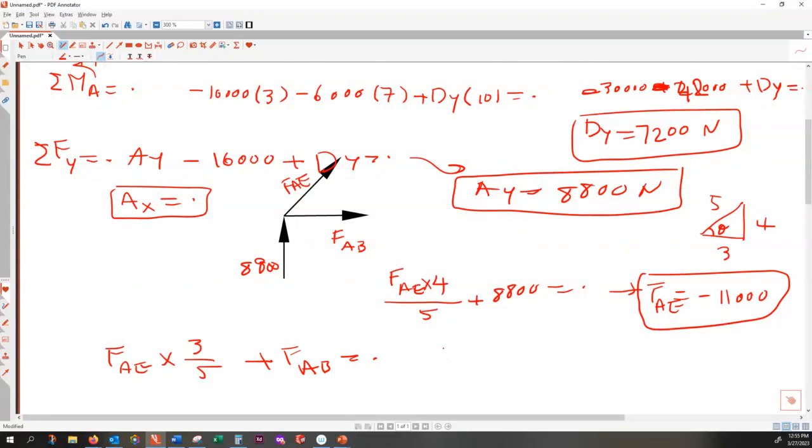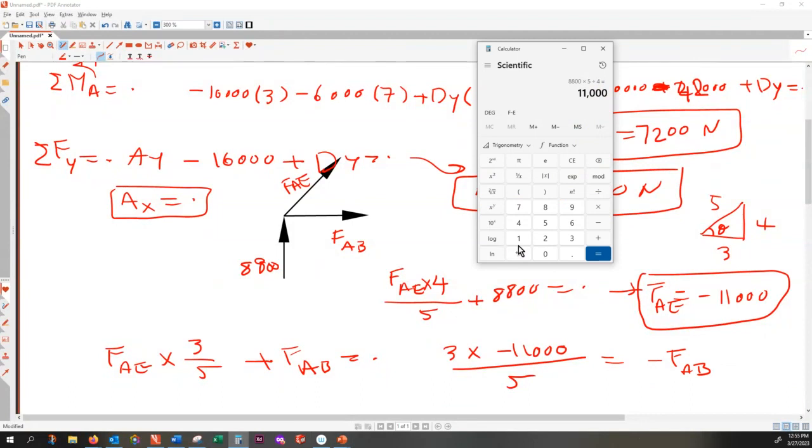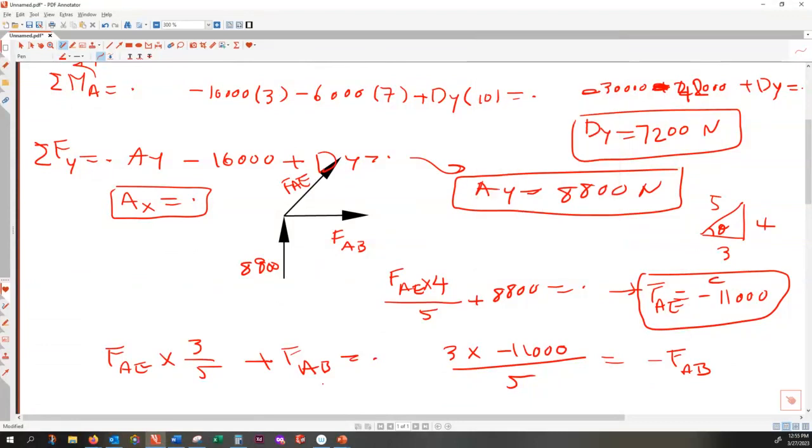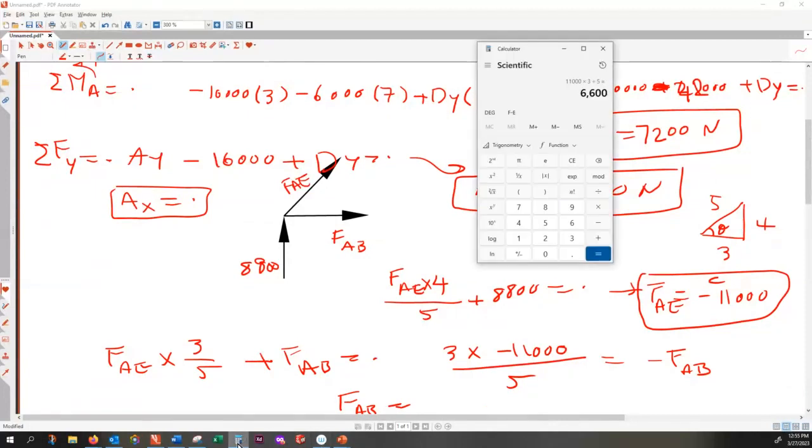That is 3 times minus 11,000 divided by 5 is equal to minus FAB. So FAB is tensile. So this force is compressive. FAB is tensile, and that is equal to 6,600.